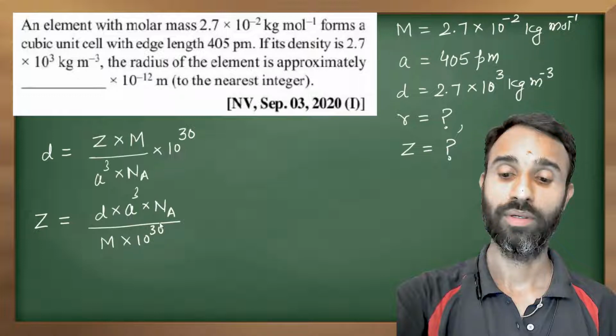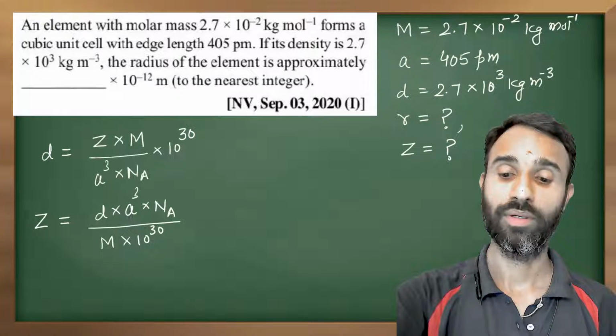Density is given to you, but it is in kilogram per meter cube, and for this relation density should be in gram per centimeter cube.